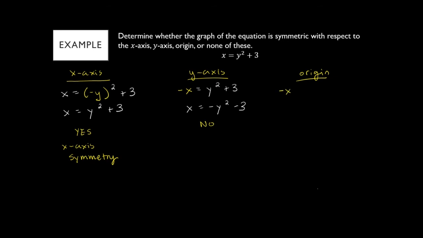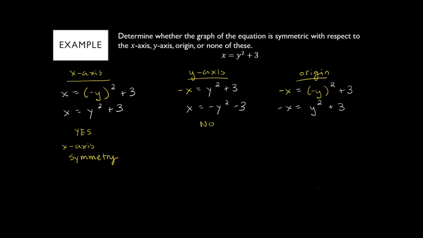So we plug in a negative x and a negative y. That negative x, we can't really do anything with just yet, but when we simplify the negative y, when you square that, the negative disappears and you get regular y squared.